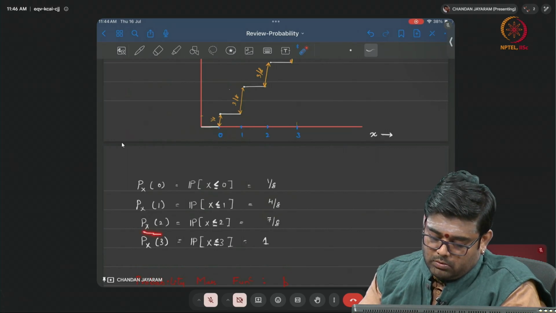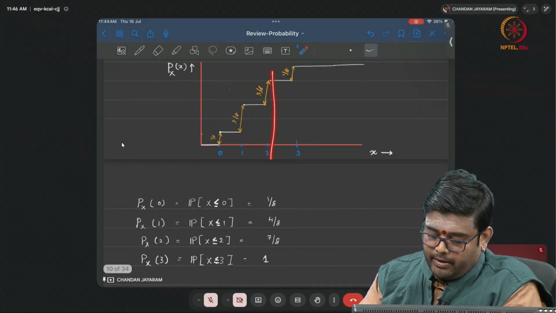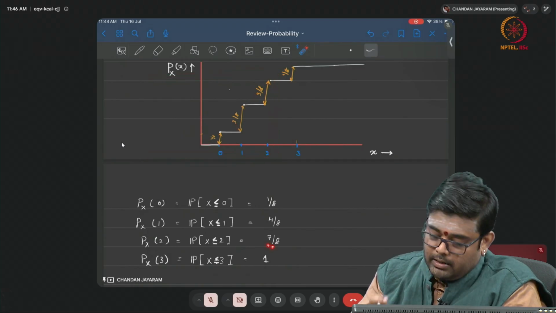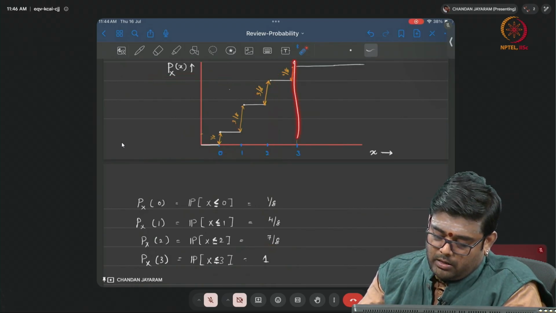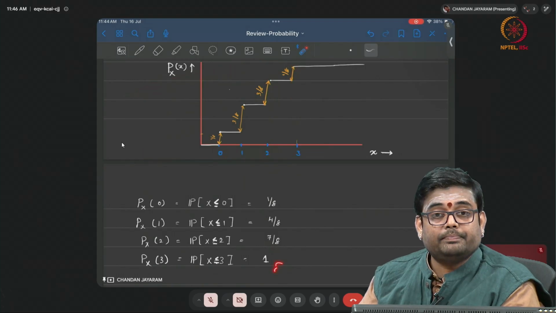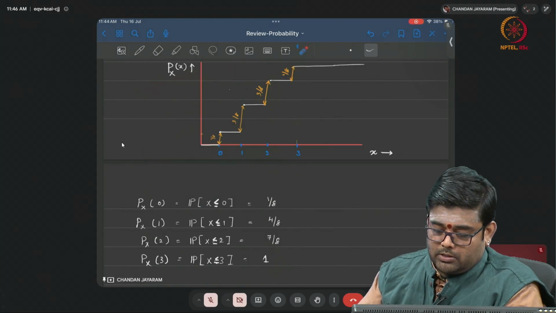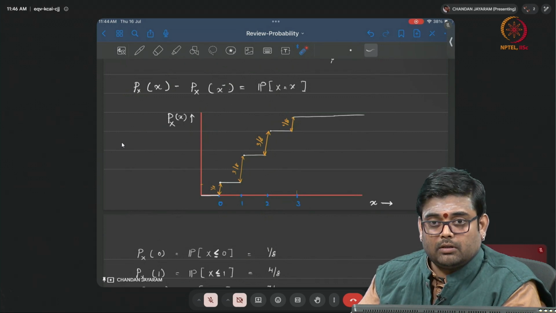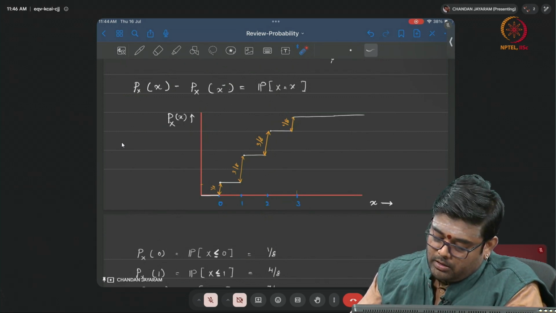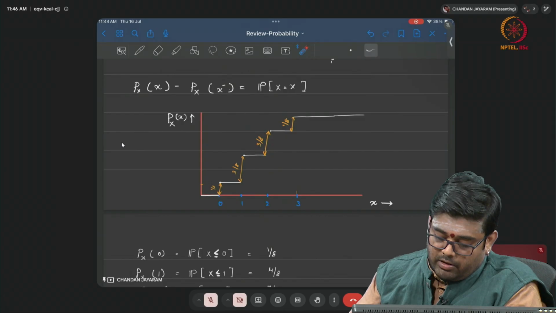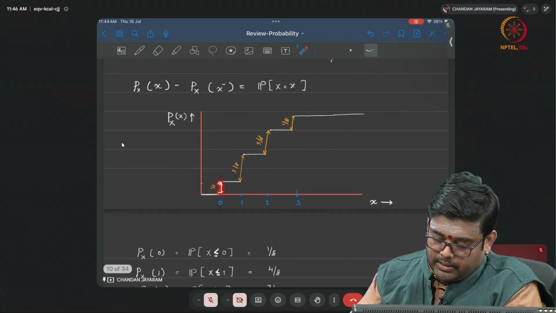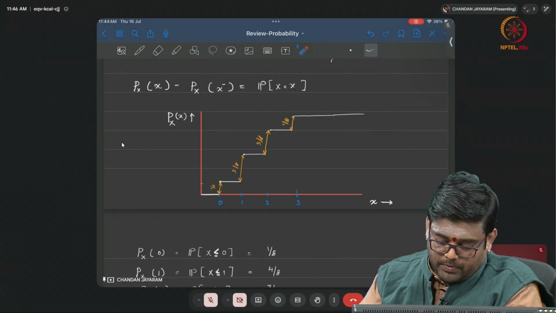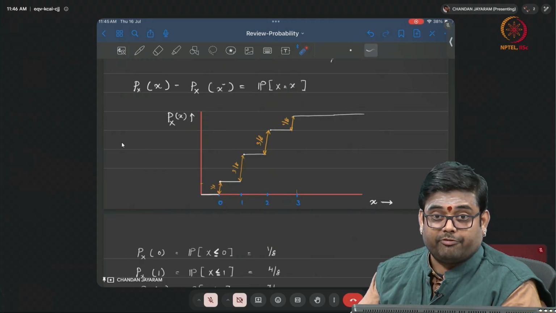At 2 you would have obtained 1, 3, 3, which is 7 over 8, and at 3 you would have accumulated the whole 1. Okay. So you can see that the CDF graph which you have obtained is a staircase function, where the jump is the probability of that event happening. You can see that from this graph very comfortably.